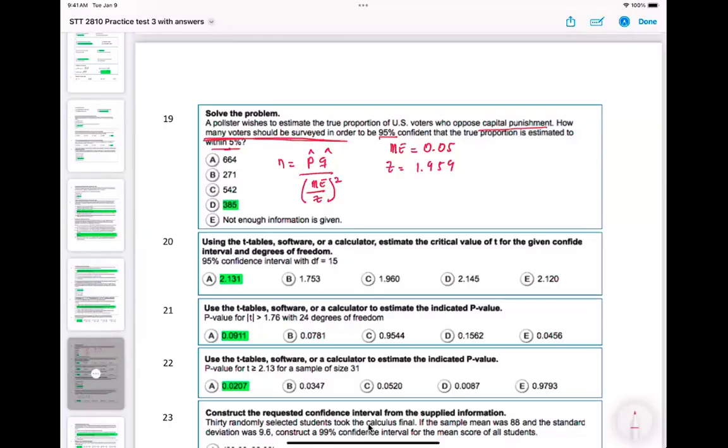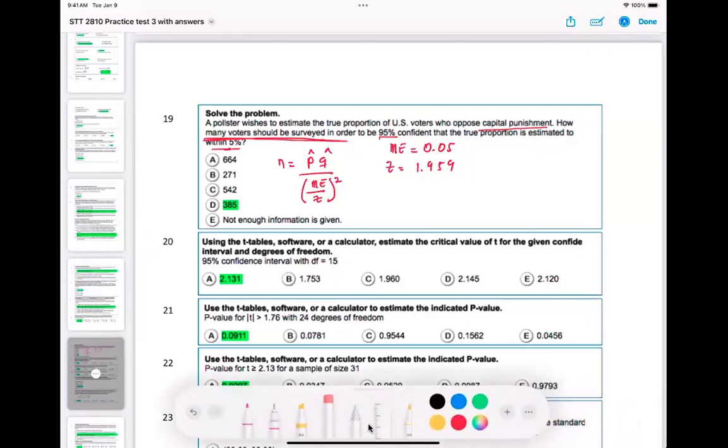So anytime we do not know what P hat and Q hat are, let's assume P hat to be 0.5. Anytime you are looking for the sample size for proportions and you don't know your P hat and Q hat, always assume P hat to be 0.5.